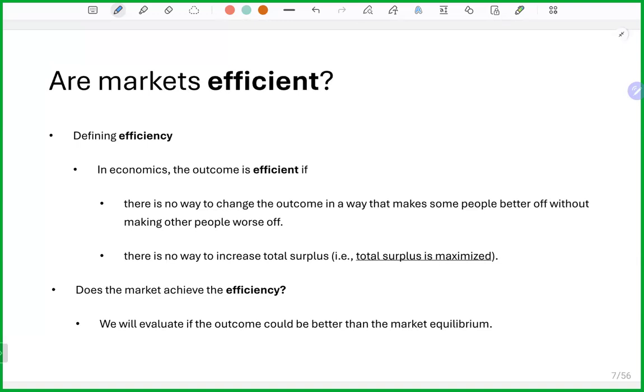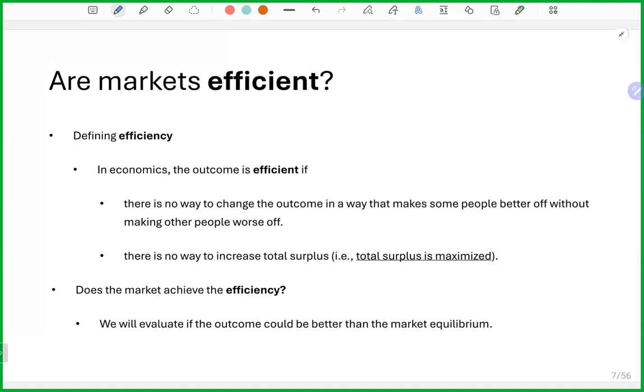In engineering, efficiency means achieving the goal with the lowest input. It makes sense. So you achieve efficiency in engineering when you reach the maximum outcome that you want with a lower cost. Maybe the same is true for business school.